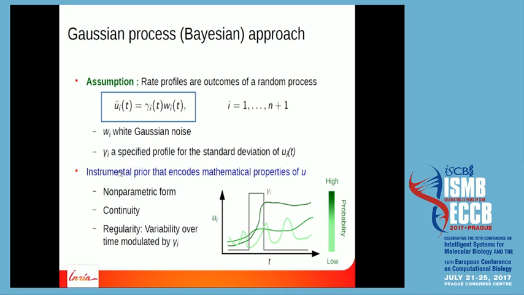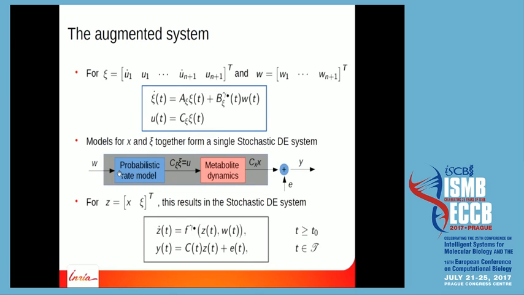So if you want to collect everything into a state space system, you can write up a system of this form. Again, you have a first dynamical equation that basically encodes the dynamics of these unknown rates U. And then U is simply a selection of these state entries.